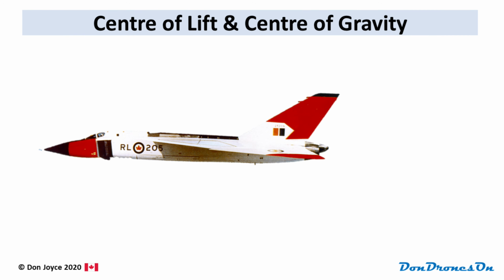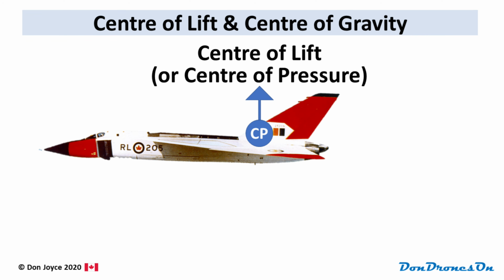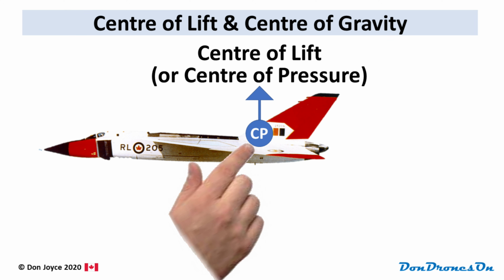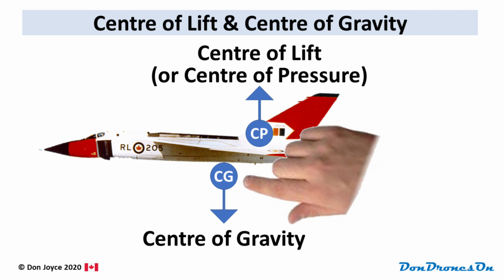One last little tidbit. You can well imagine that there is a midpoint to all of this lift force on the wing. This is called the center of lift. There is also an imaginary point in the aircraft that is the center of gravity for the aircraft, the point of balance of the weight from the front to the back.